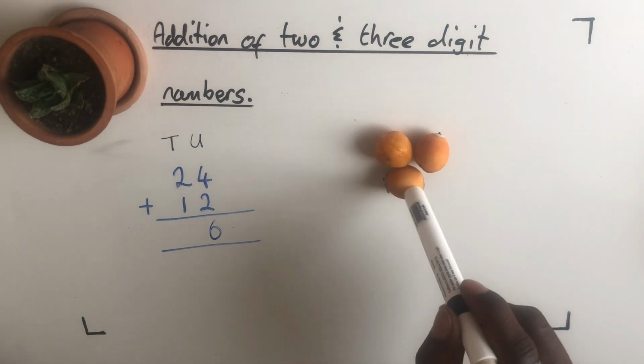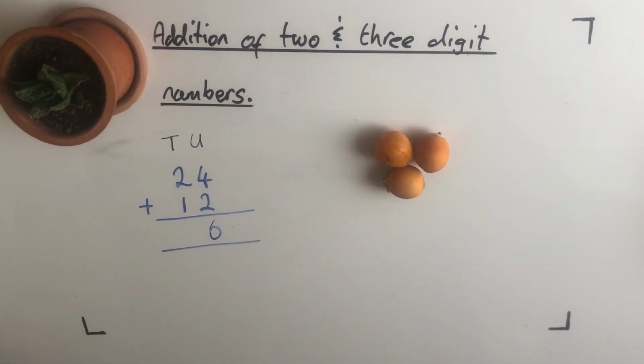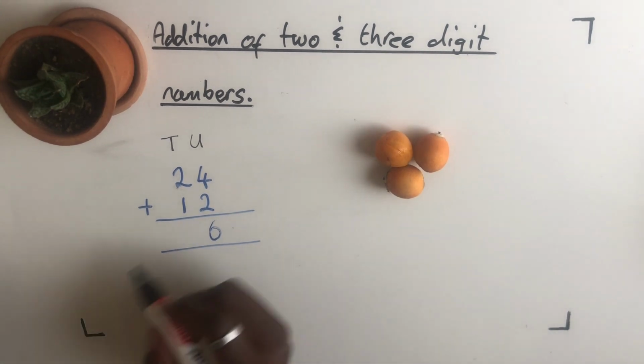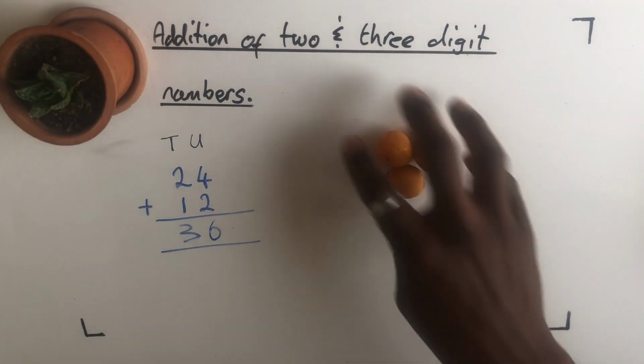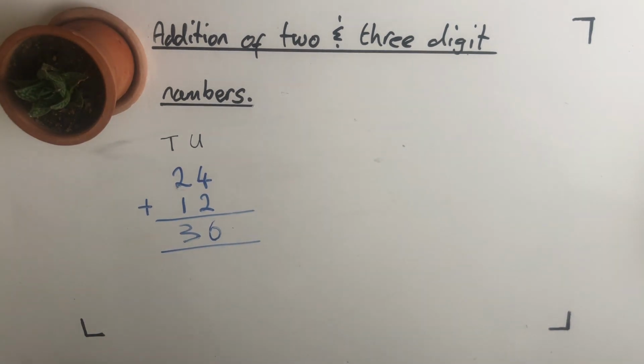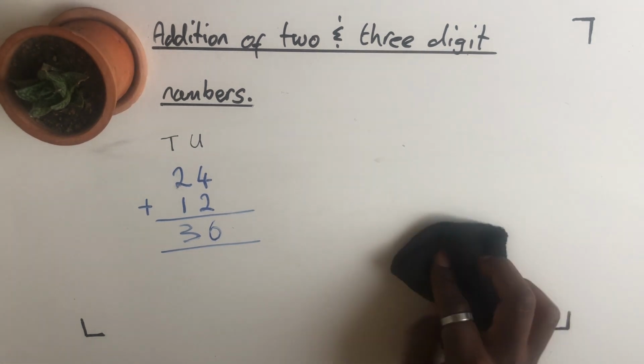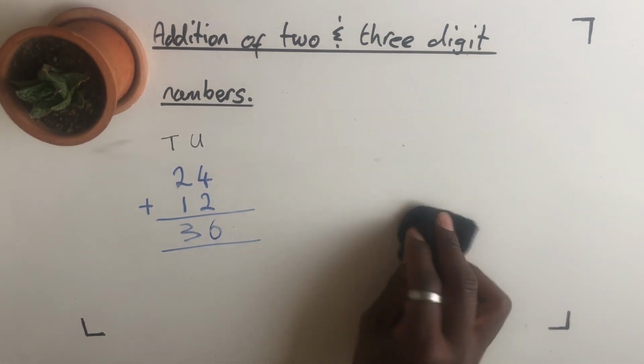So these are 3 sets of 10. That now equals 3 here, and my answer will be 36. I hope that's straightforward and you understand what I mean by that.